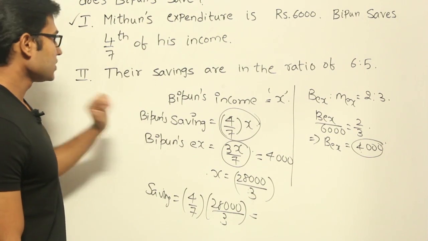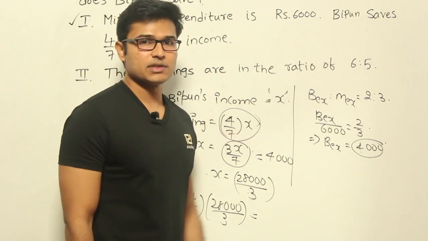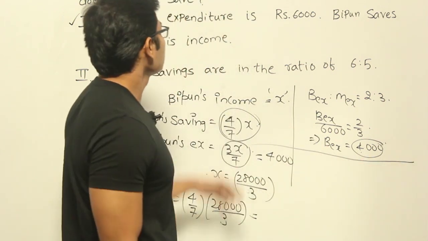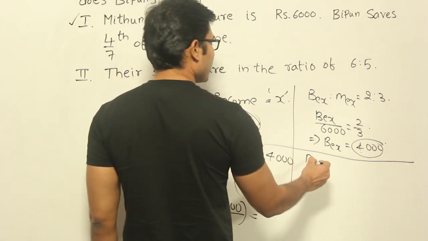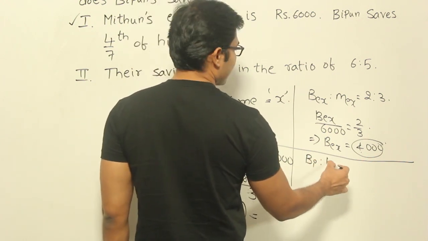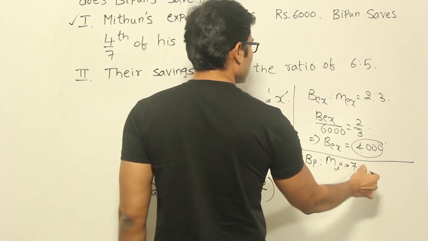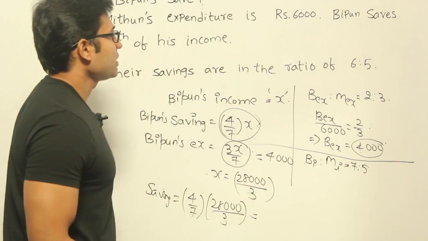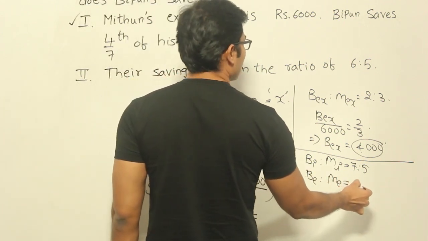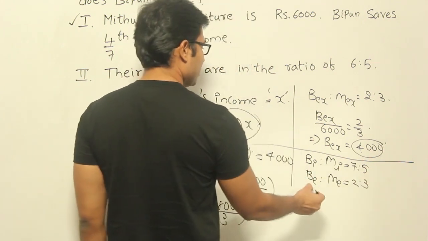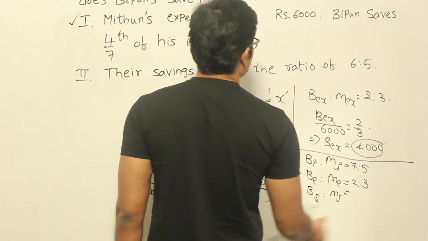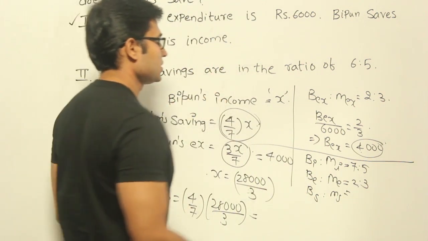Now if you look at the information given in statement number 2, their savings are in the ratio 6:5. So here they have directly given us the savings. Initially the income ratio is given: income of Bipin is to income of Mithun is equal to 7:5, their expenditures are given in the ratio 2:3, and by using this statement their savings are in the ratio 6:5.